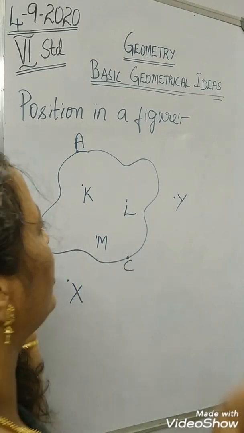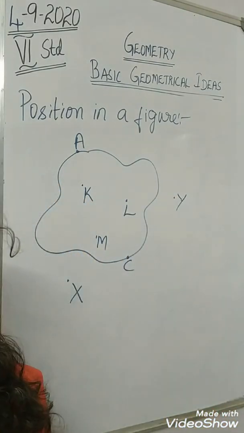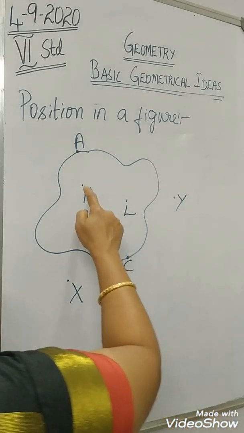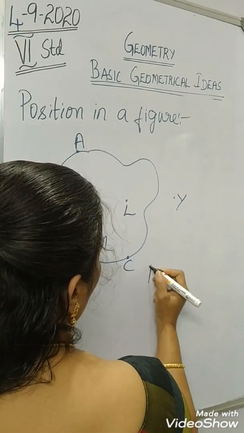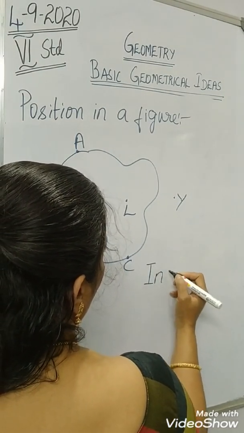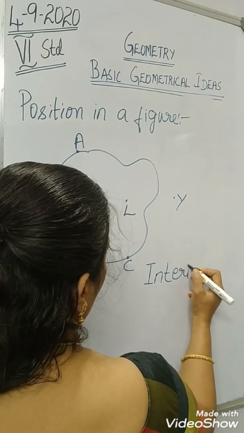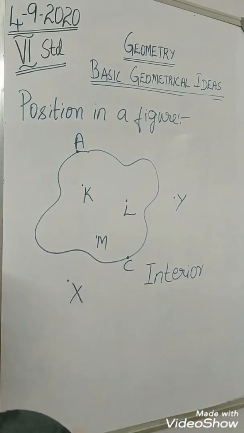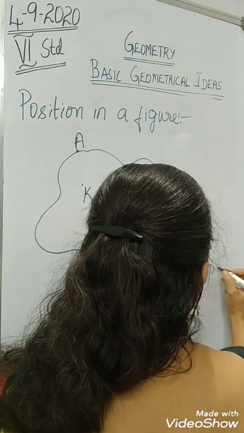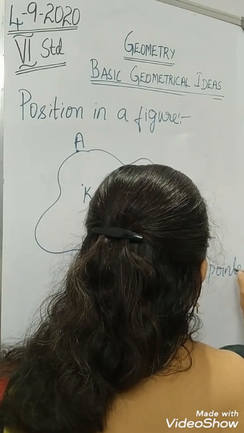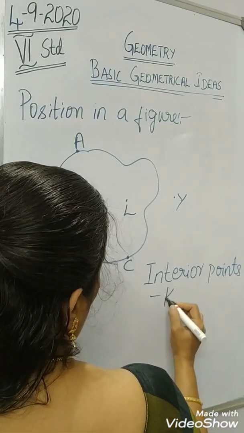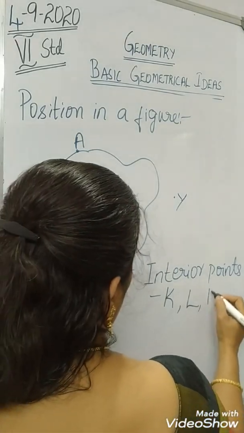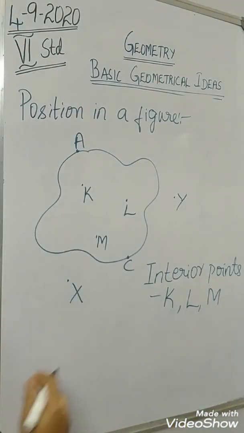They are actually inside the figure, isn't it? So, K, L, M, all these are inside the figure. So, they are called interior. They are interior of the figure, or they are interior points. Which are the interior points, can you tell? Interior points are K, L, M, isn't it?